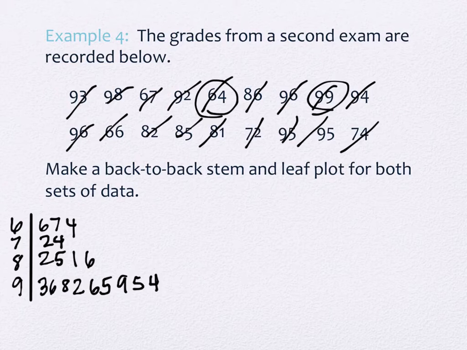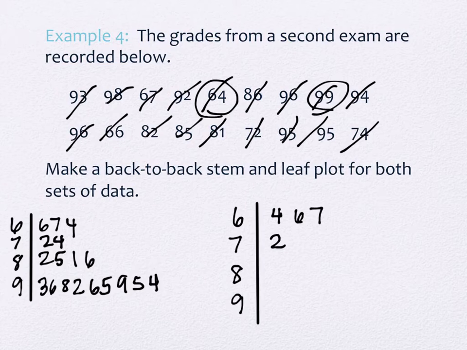So I need my stem and leaf plot to have the 6, 7, 8, and 9, and I want to put the numbers in order. In the 6's row, I have 4, 6, 7. In the 7's row, I've got 2, 4. In the 8's row, I have 1, 2, 5, 6. And the 9's row is the toughest one because it's very heavy laden.